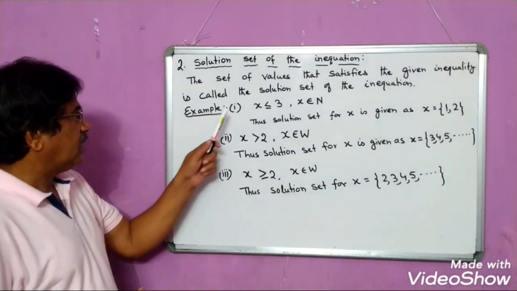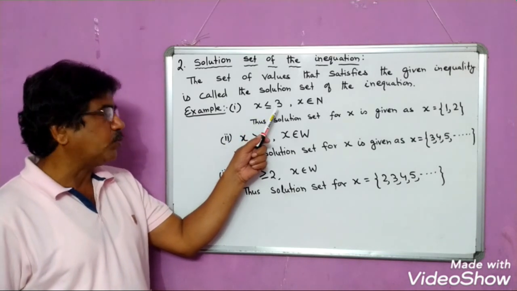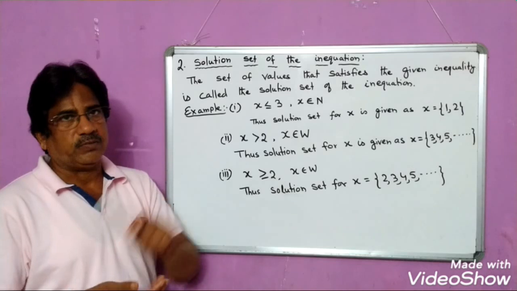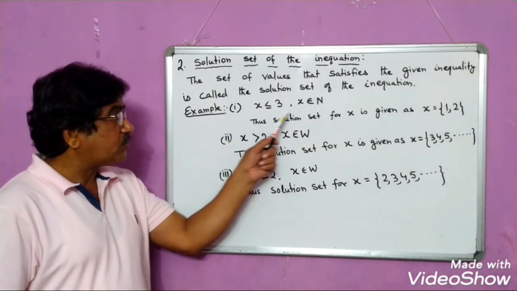For example, suppose we get a condition x is less than or equal to 3, and here x belongs to natural numbers. What will be the solution set for x? It must satisfy this condition.